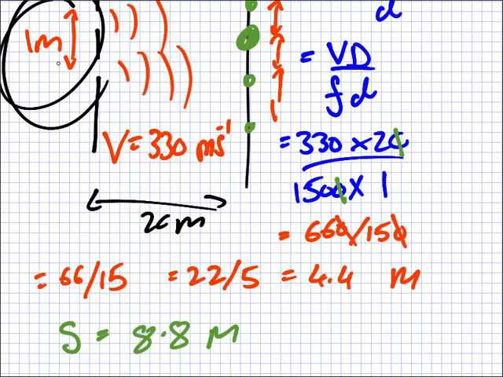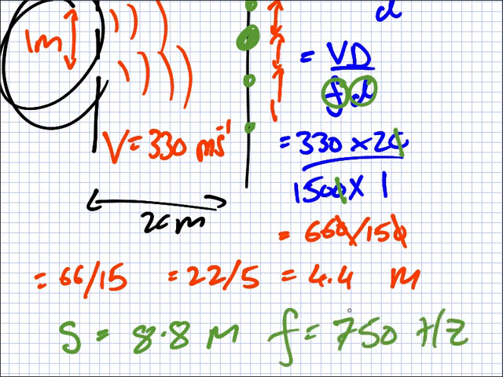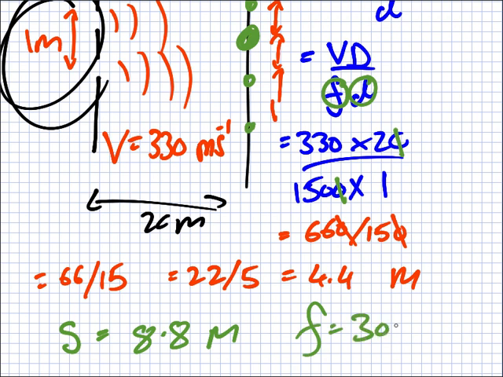So if you double the D, what do you need to do to the F to go back to 4.4? You should make the F smaller. Oh, no, sorry. Bigger, 3000 hertz. Yes. Okay, 3000 hertz.